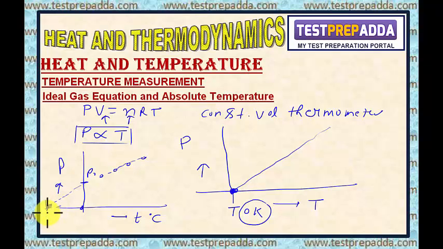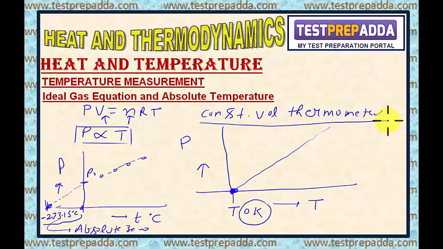This is minus 273.15 degrees Celsius, which we call absolute zero. All movements will become zero at this temperature. The scale which uses this concept is known as the constant volume thermometer scale.